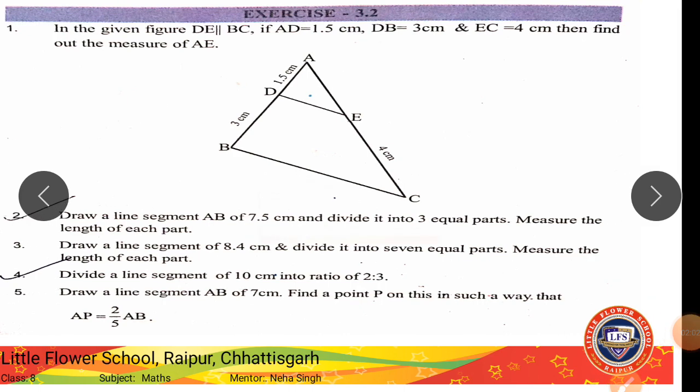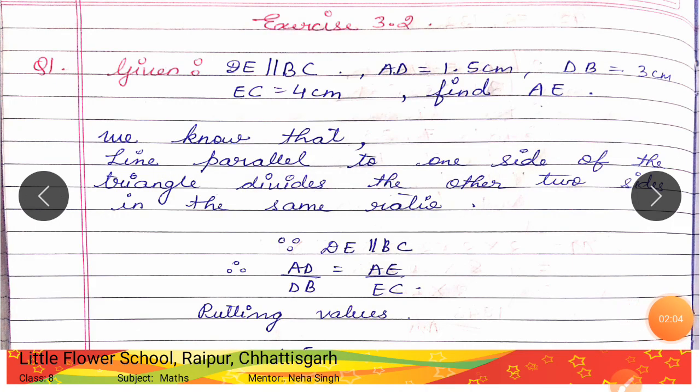Let us see the solution part. So see here, DE is parallel to BC is given, right? Before starting the question, we are going to write the given part, whatever is given to us. So here we have written this question part.